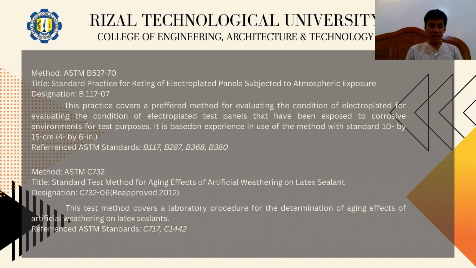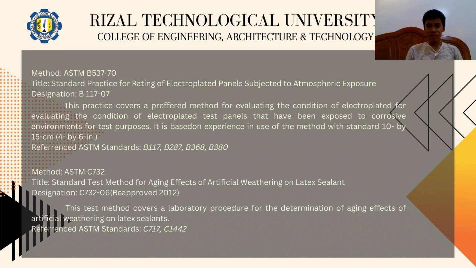Next is ASTM C732, Standard Test Method for Aging Effects of Artificial Weathering on Latex Sealants. This test method covers a laboratory procedure for determination of aging effects of artificial weathering on latex sealants.